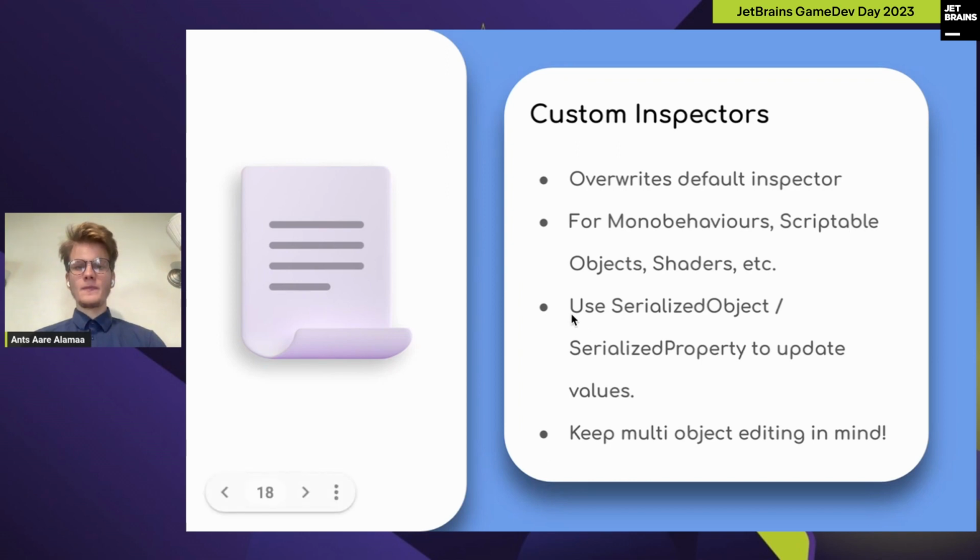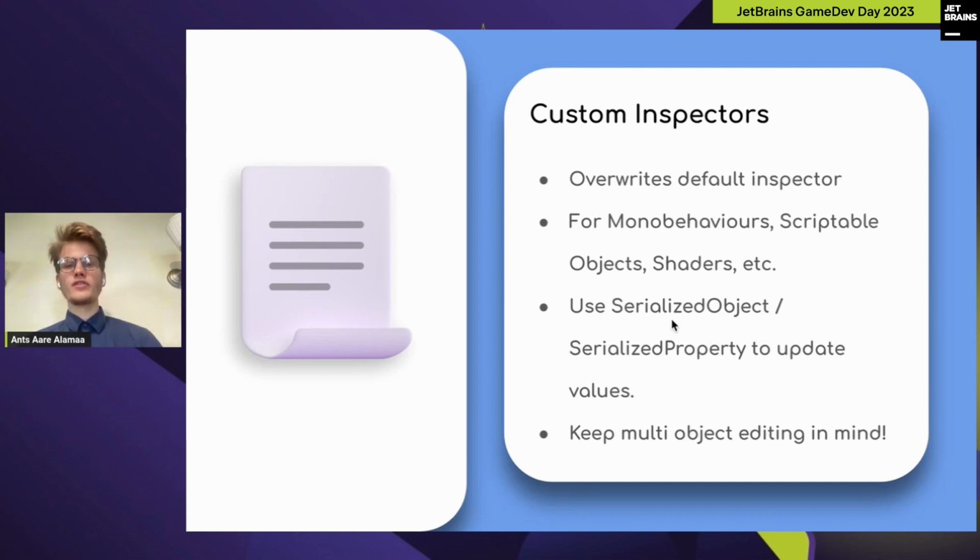If you want to switch the render, you would need to do that inside of the inspector class itself. If you want to change any of the properties, obviously, if they're public, you can just set them, but I would really recommend using the serialized object and serialized properties to update the values. What this means is that inside of Unity, all of the data is stored as files.